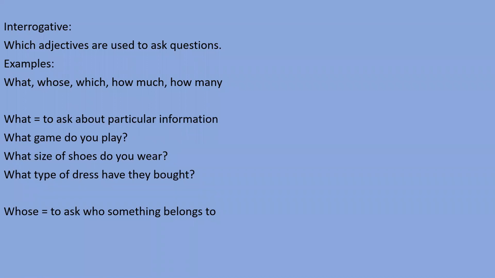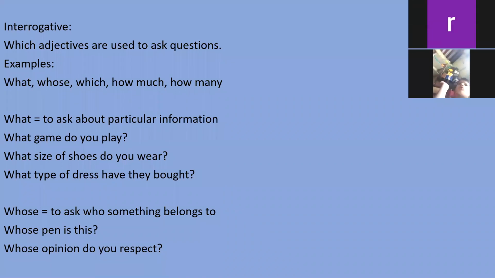Next is whose, to ask who something belongs to. Whenever you want to know the owner of a thing, or who something belongs to, we should use the word whose. Like, whose pen is this? We want to know who the owner of this pen is. Whose opinion do you respect?